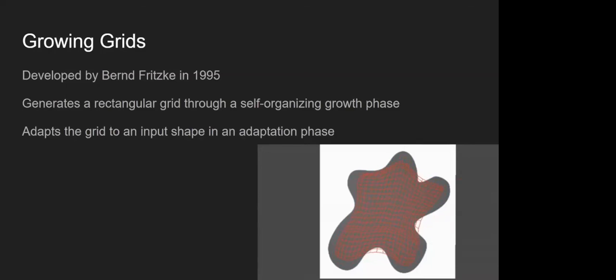The grid is then adapted to an input shape through an adaptation phase. This makes sure that the final grid is in the same shape as the input figure, as you can see in the GIF. It also makes sure that it's a rectangular grid, which is needed for wave function collapse to work in it.